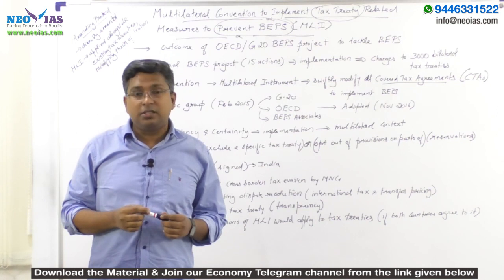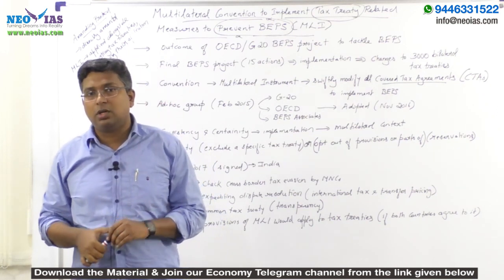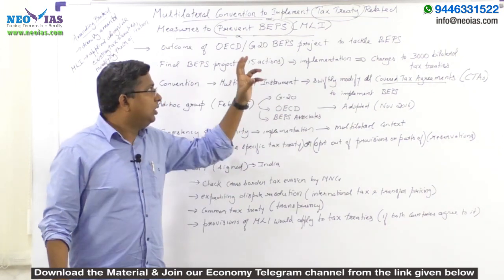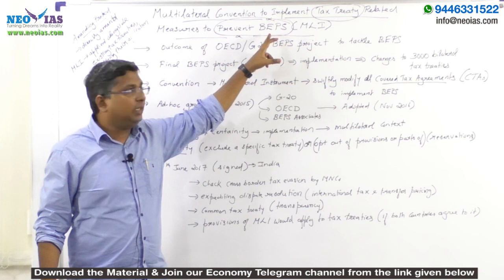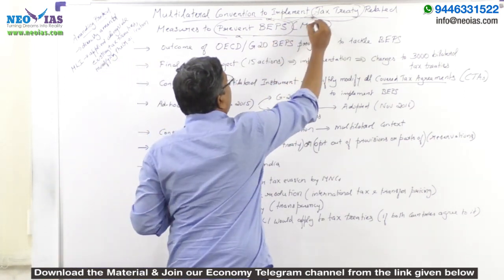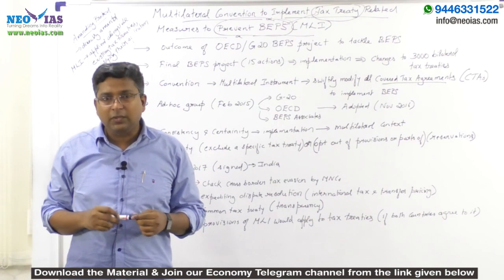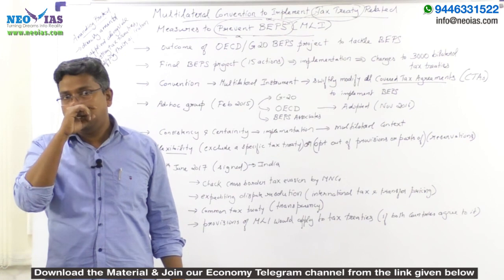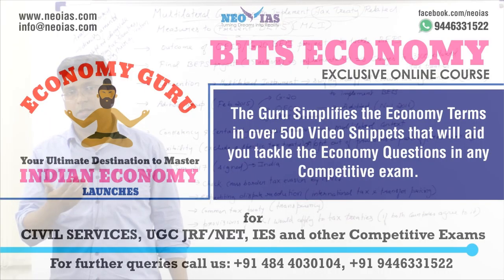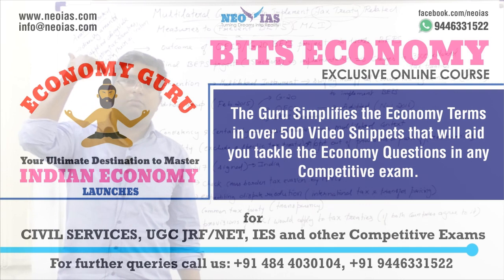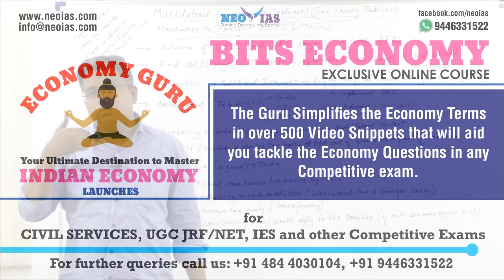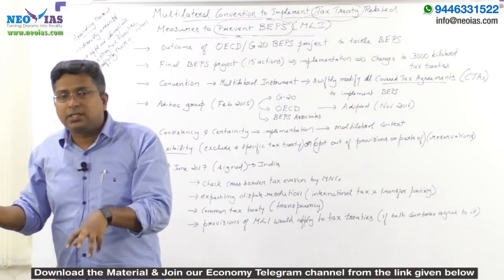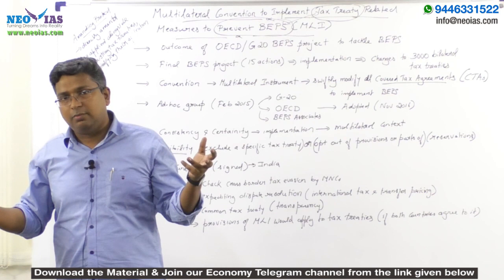Already in 2016 UPSC asked a prelims question on base erosion and profit shifting. You need to understand the relationship between tax treaty and BEPS. In simple terms, multinational companies shift their profit by showing that the main source of their profit is not from a high tax country but from a low tax country, mainly tax havens.